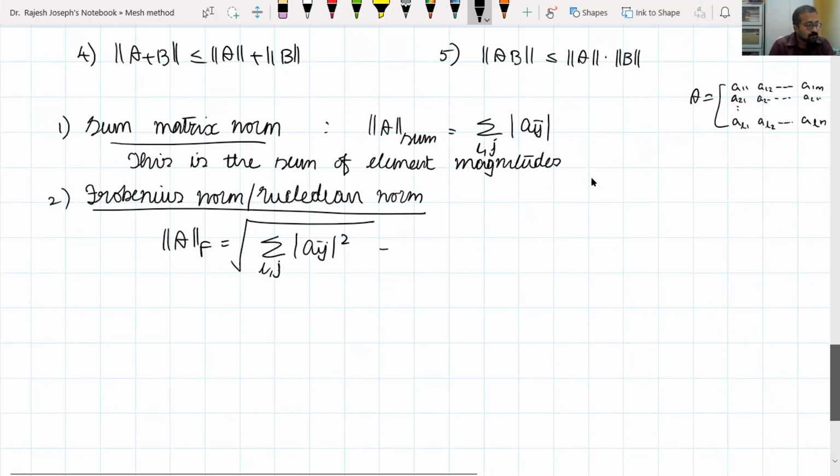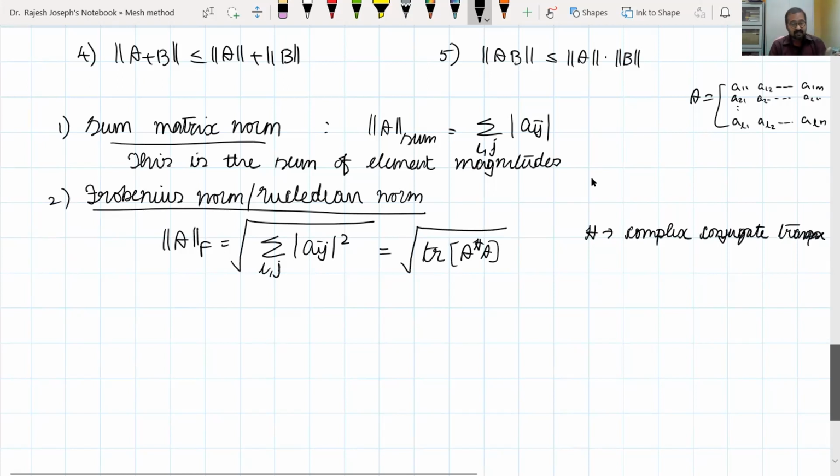That is also equal to the root of the trace of A^H A. What is H? H means complex conjugate transpose. In case your matrix consists of complex elements, then you have to take the complex conjugate transpose.